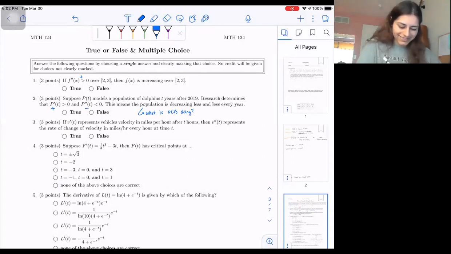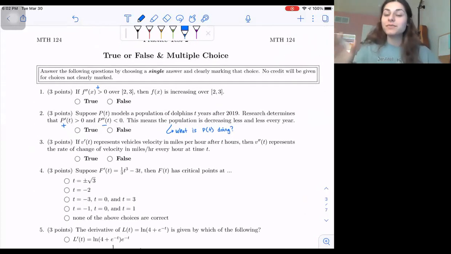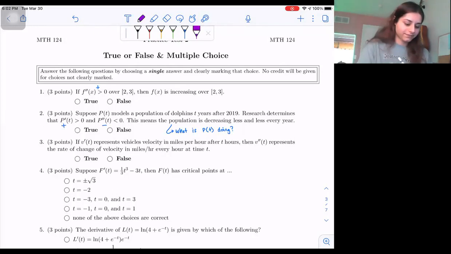Okay, I'm not going to try to draw it because maybe I don't have the brain power right now. But just remember that just because the second derivative is positive, that doesn't mean the first derivative is also positive. First derivative could be negative too. Okay, so this is false.